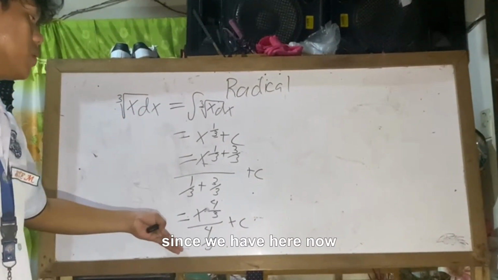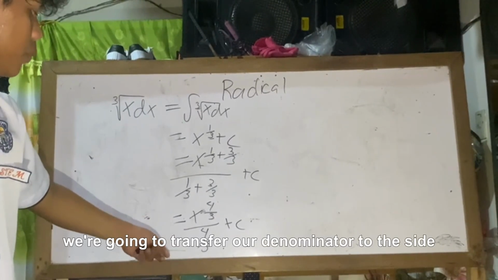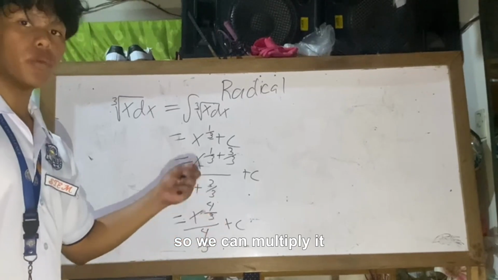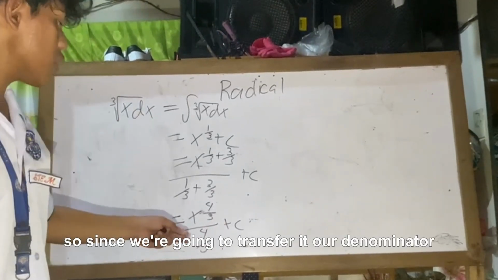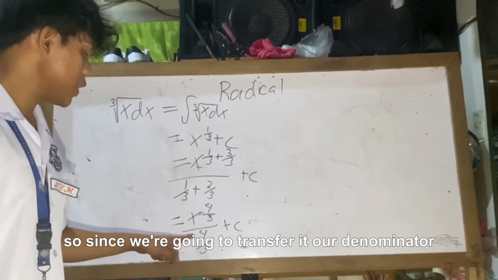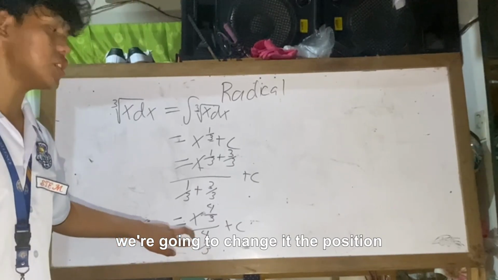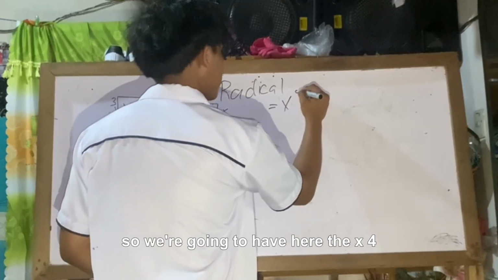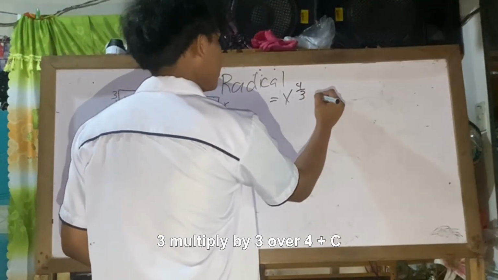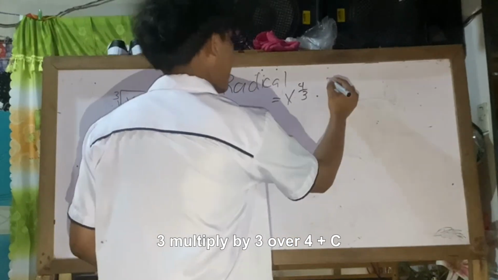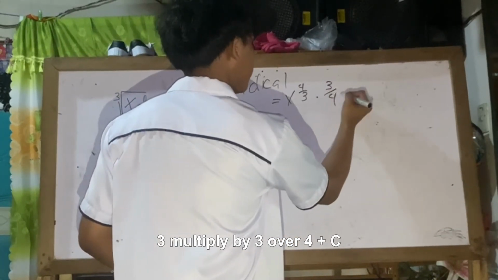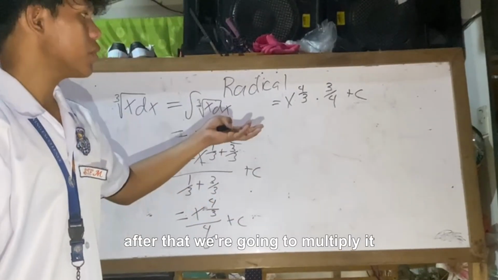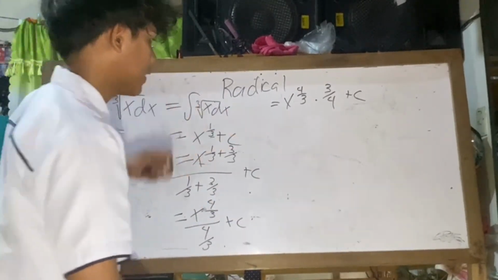Now we're going to transfer our denominator to the side so we can multiply it. Since we're transferring it, we change its position. So we have x to the 4/3 multiplied by 3/4 plus c. After that, we're going to multiply it.